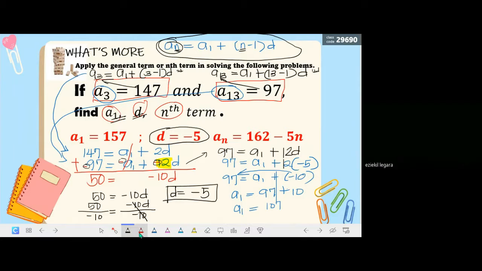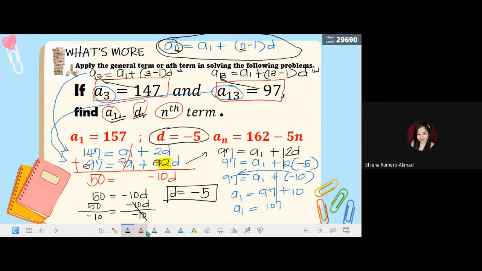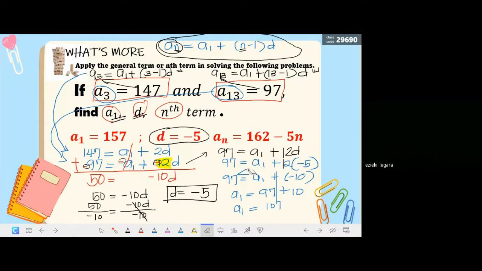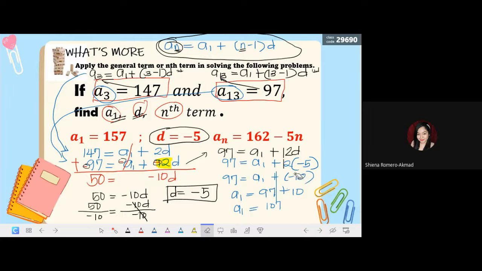60, ma'am. Tama. 60. Negative 60. So, pag tinranspose natin siya, it will become positive 60.